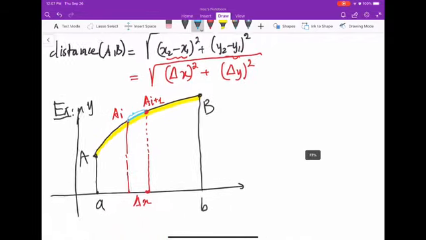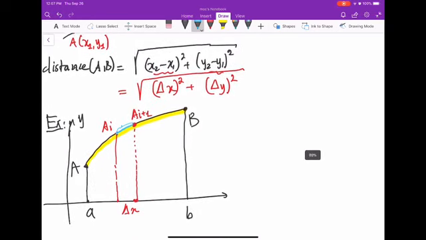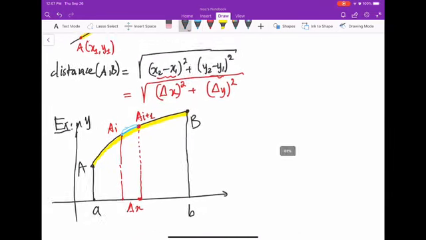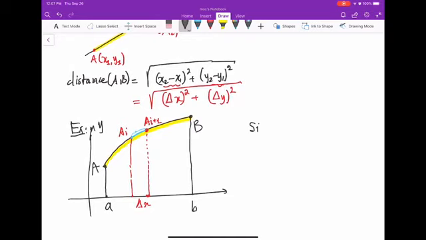Okay, let's do that, right? On this subinterval, S_i, the distance between A_i and A_(i+1), is the square root of delta x_i squared plus delta y_i squared, because we are considering this interval x_i and x_(i+1), right?